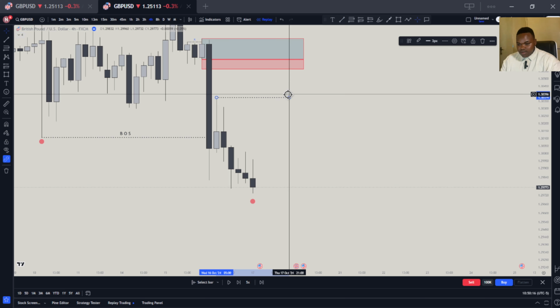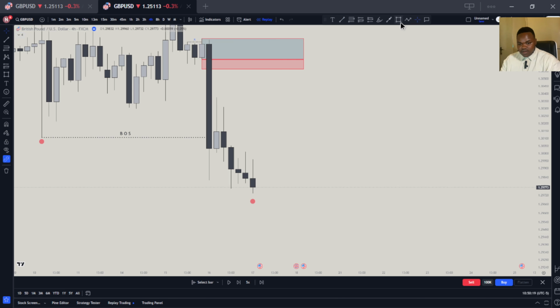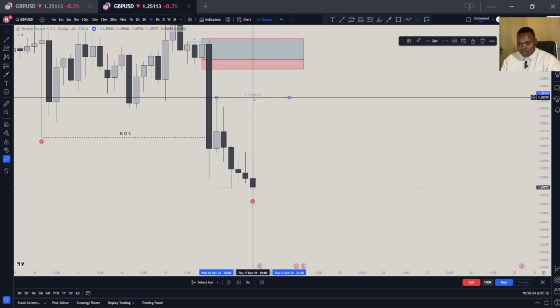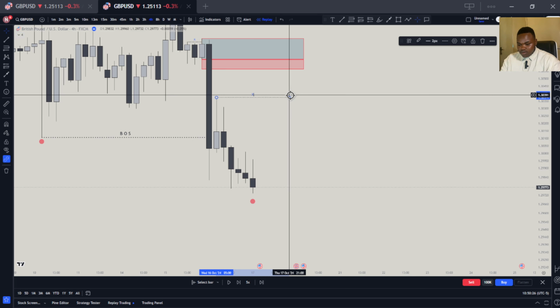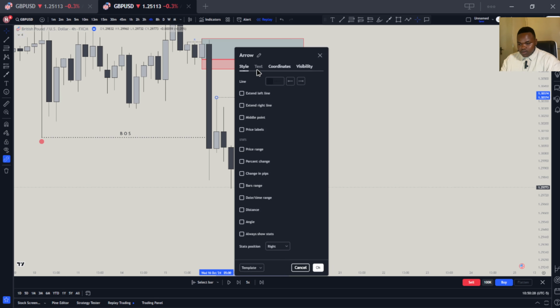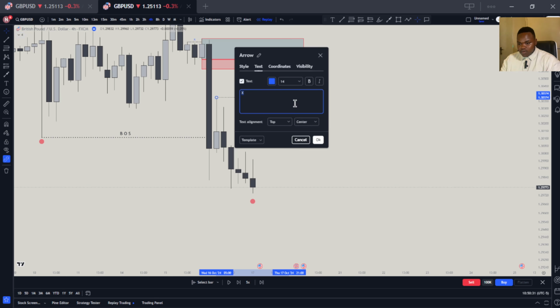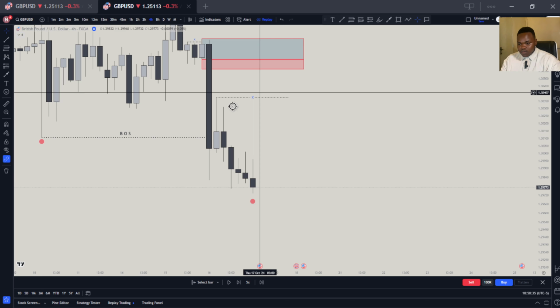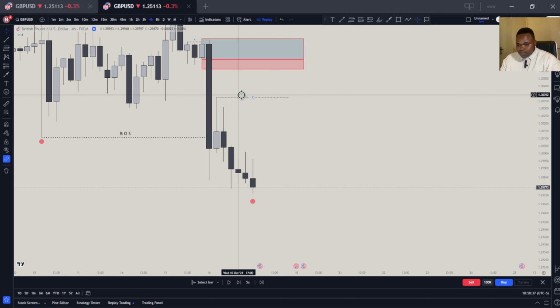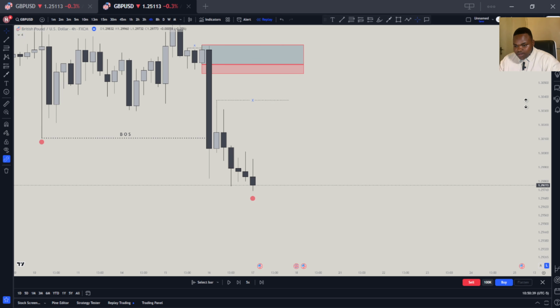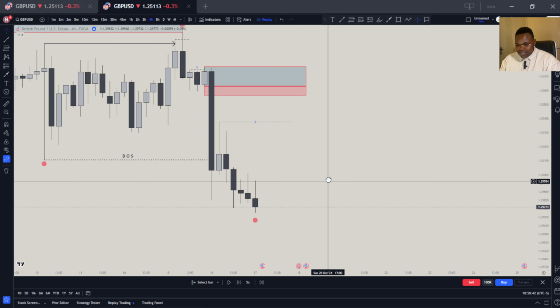This is an internal structure high. Prior to it being mitigated, there must be liquidity lying before it. That's this internal structure high.